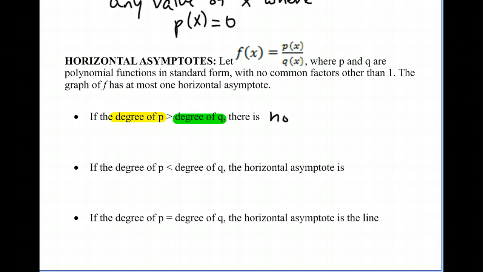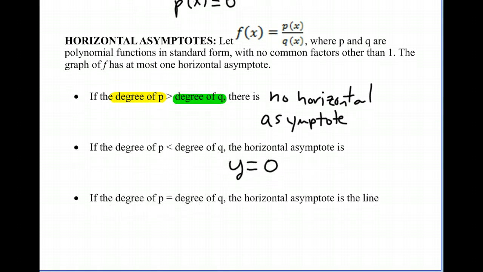That means there is no horizontal asymptote. If the degree of the numerator is less than the degree of the denominator, then the horizontal asymptote is simply the equation y equals 0.